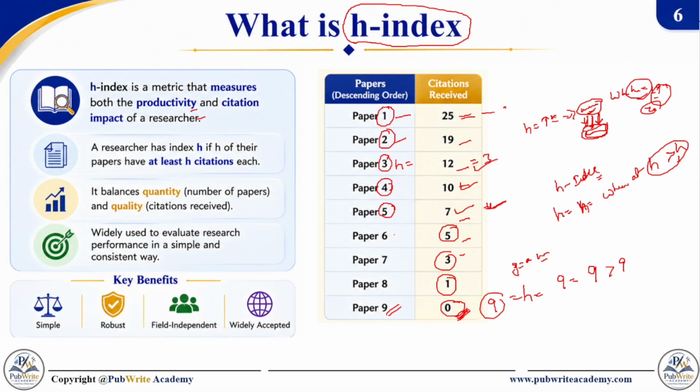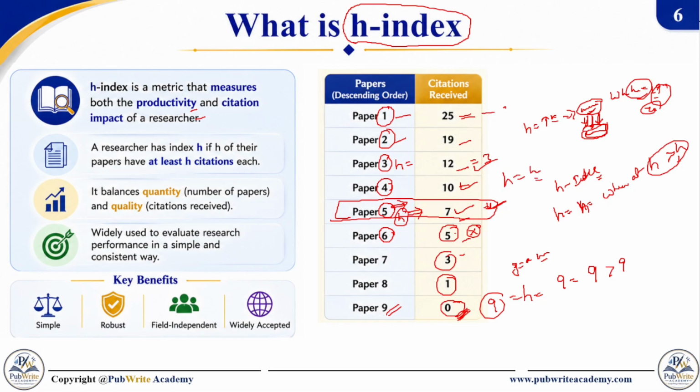Then we come to 6: at least 6 or more than 6, so this is not satisfied. So this author has an H index of 5, sorry, 7, no, 5. We need to check and take H into consideration, so the H index in this case is 5.